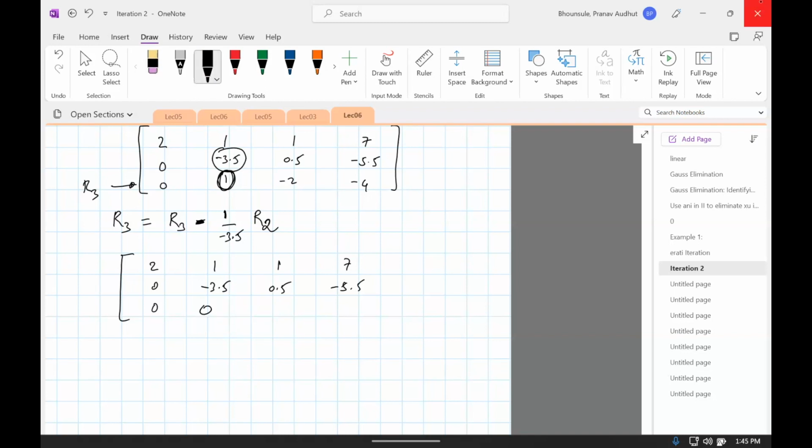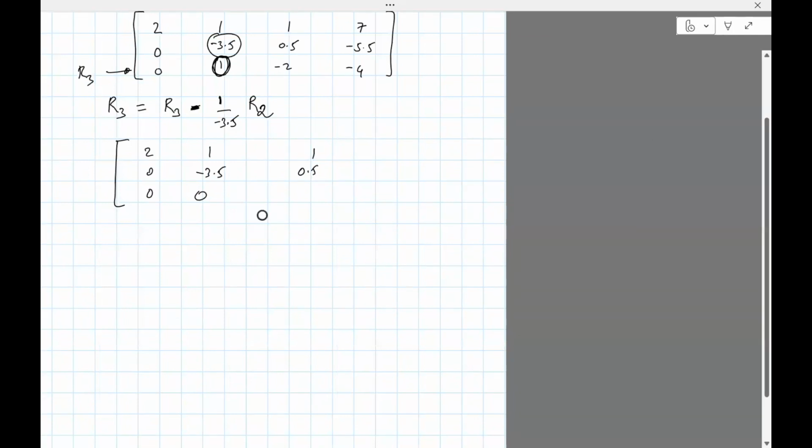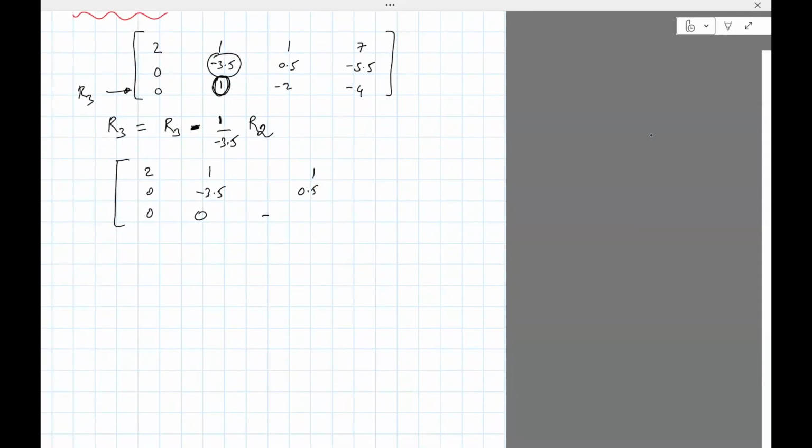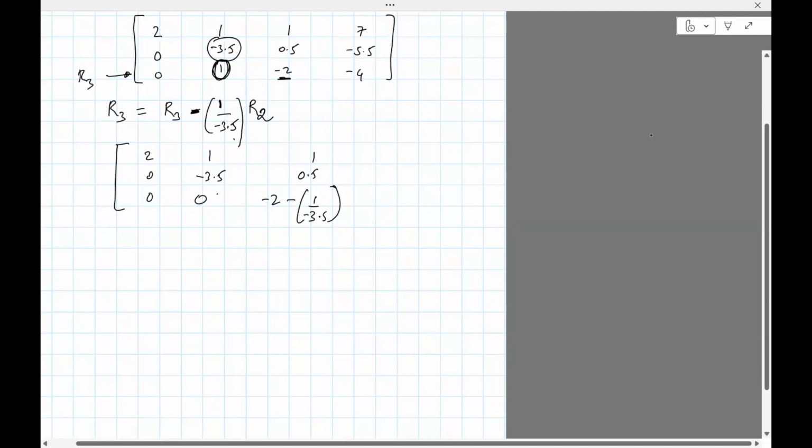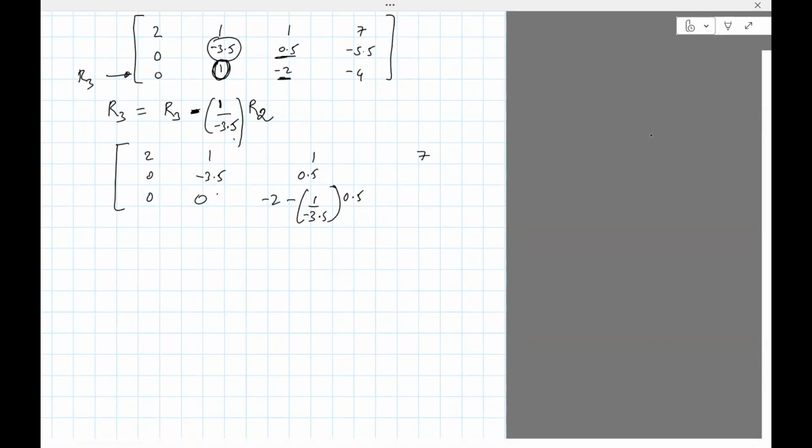Let's write it 0. 1, 0.5. Okay, now let me write that down step by step. So this will be new row 3 equals old row 3 minus 1 divided by minus 3.5, the pivot, times row 2, so 0.5. So 7 remains as it is, minus 5.5 remains as it is.